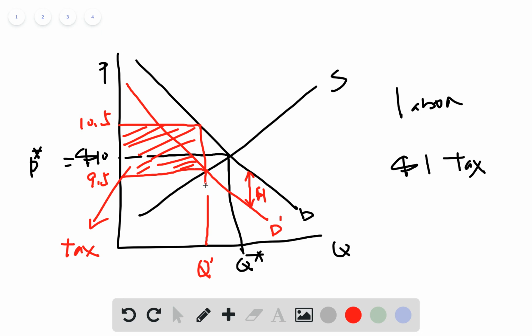So that means, in order to pay the tax to the government, now the price for the labor actually received by the worker is only 9.5, but the firm pays 10.5. So the rest, that is the $1 difference, is received by the government.